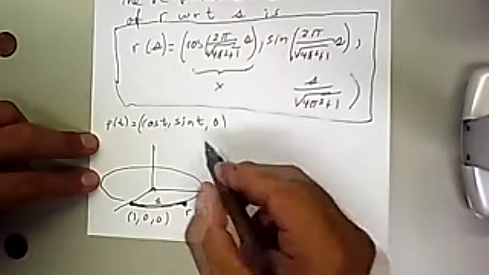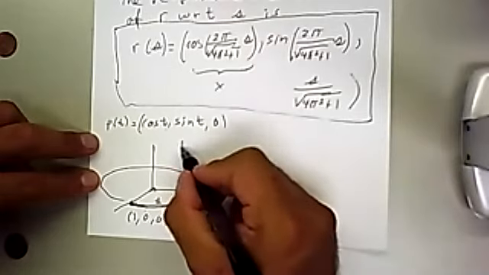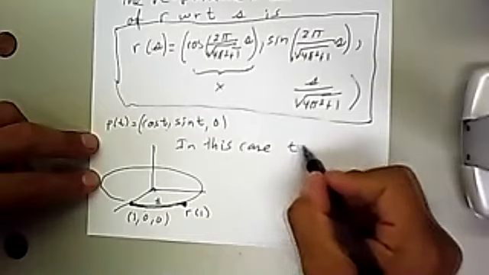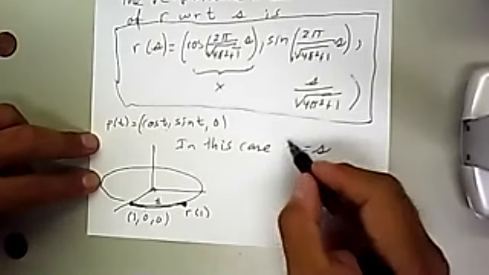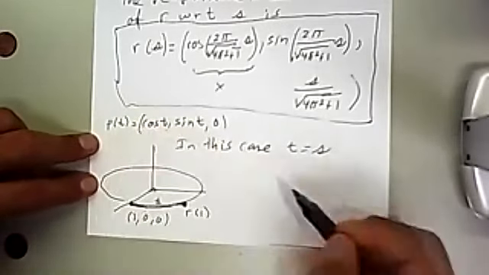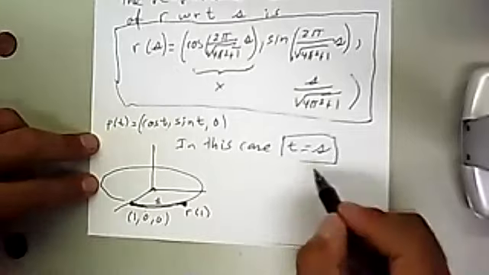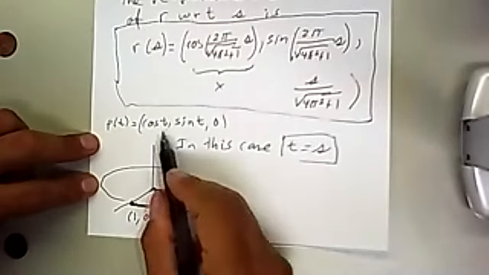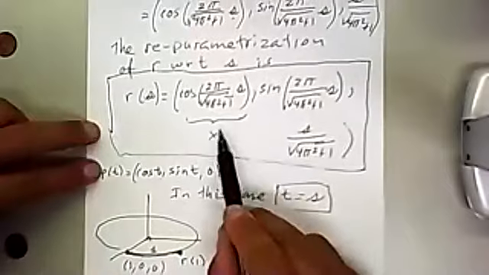In this case, t is equal to s. In this one example, if you want to be 1 unit out, all you have to do is plug in 1 into here. Now, that is not the same in general.